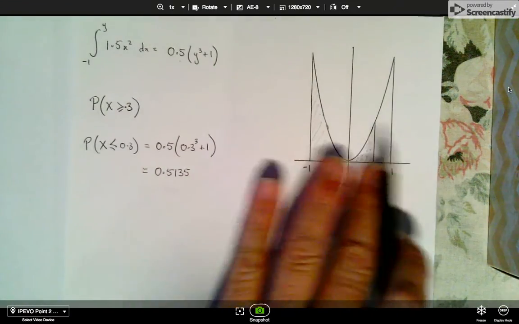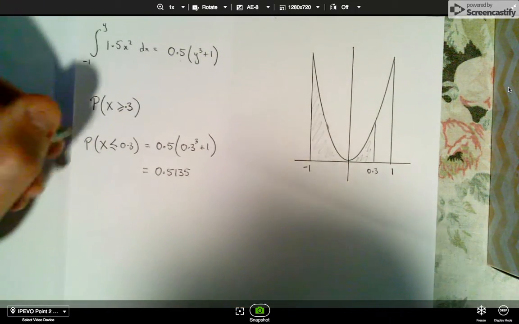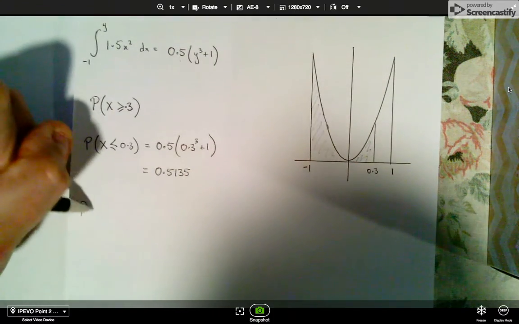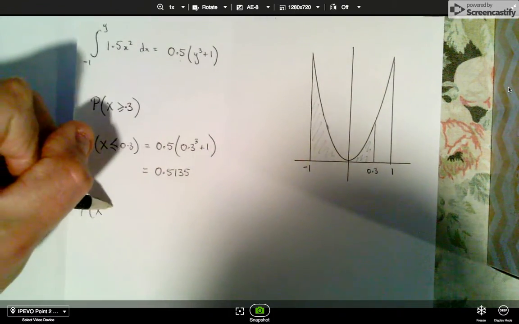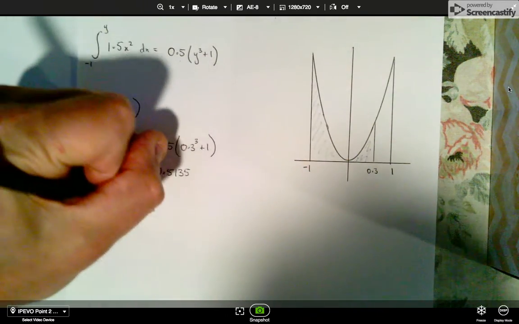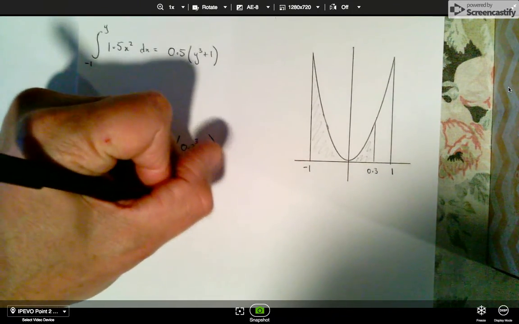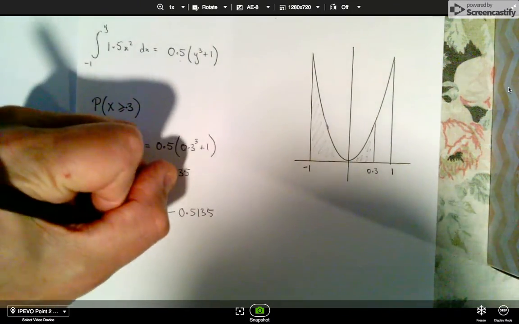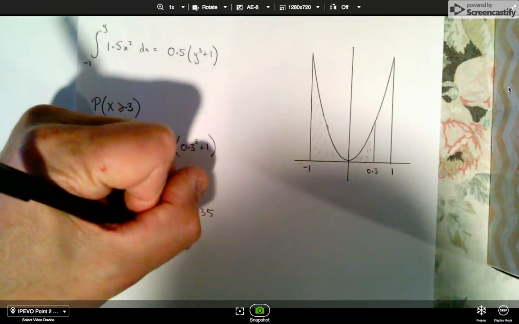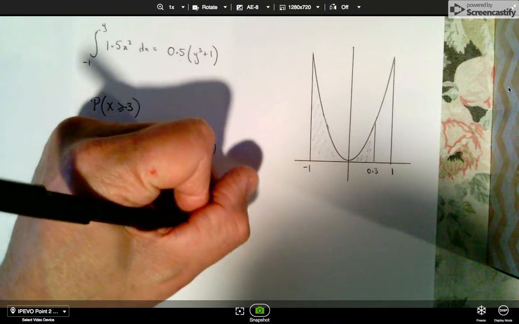We want the other side of it. So what we want is really P of x is greater than 0.3. This function will always give us less than. So P of x greater than 0.3 is always just going to be 1 minus 0.5135, which gives us an answer of 0.4865, or 48.65%.